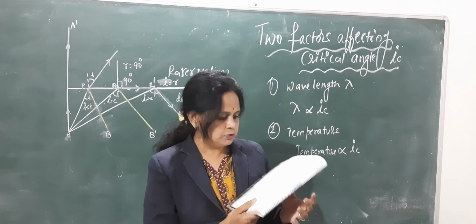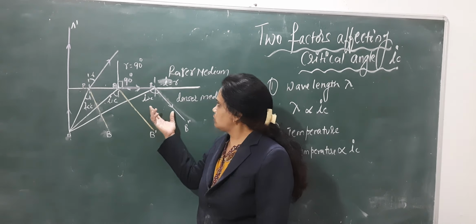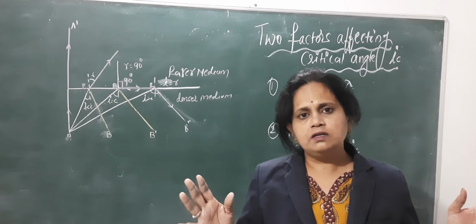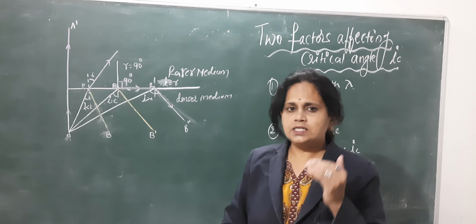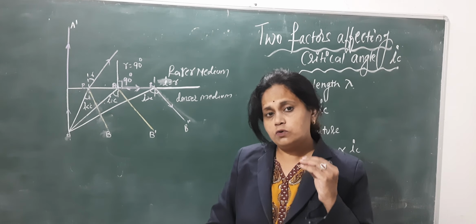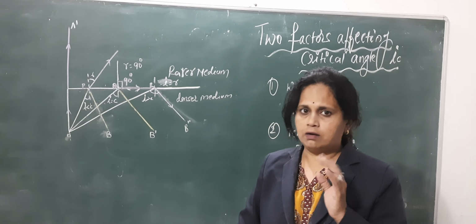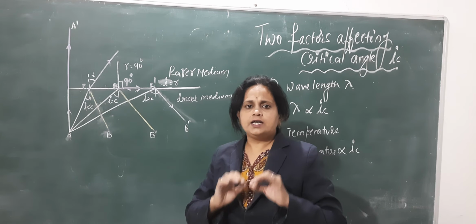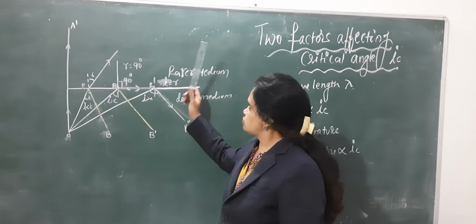Now first let us come to the essential conditions for total internal reflection. For total internal reflection, what are the essential conditions? Total internal reflection doesn't occur anywhere anyhow. It has two typical conditions. If those conditions are satisfied, then only total internal reflection occurs. The first condition is the ray of light should compulsorily pass from denser medium to rarer medium.